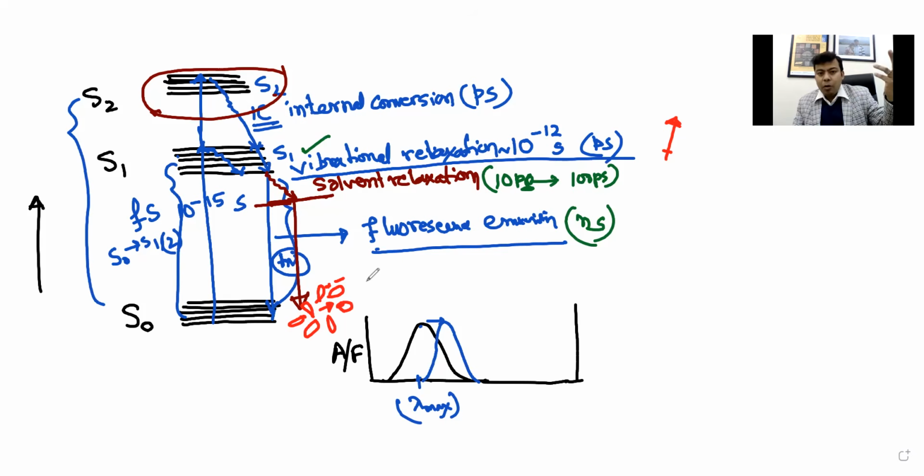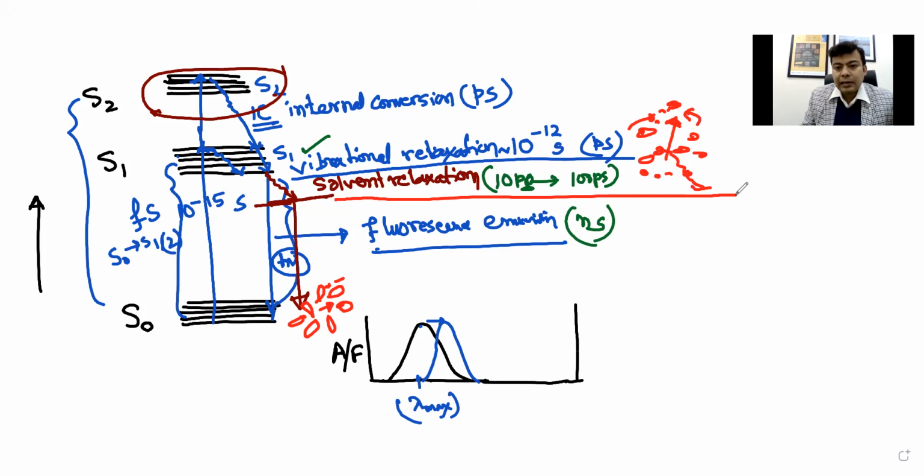Therefore, the dipole moment at the excited state is now very different, both in terms of the direction and the magnitude of the dipole moment. Therefore, this state is an unrelaxed state. Now, water molecules, or solvent molecules, have to translate and rotate to stabilize it to the solvent relaxed state.